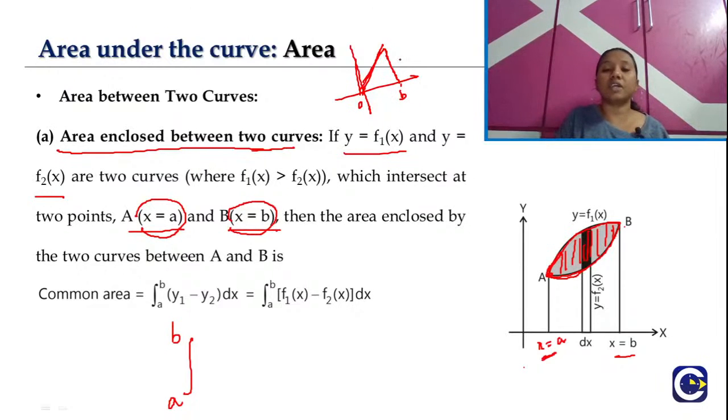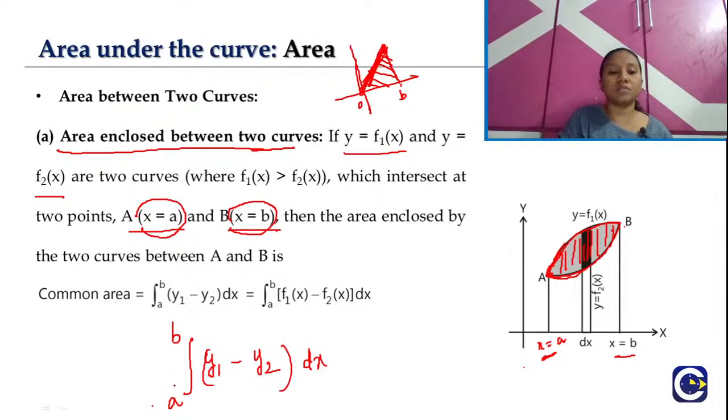If I asked the area enclosed between these two points with respect to the x-axis, this would be the area. Then how would we take it? This is the only curve, so we directly take the curve. But here we have two, so the function will be the upper curve minus the lower curve, dx. Here the upper curve is y1.